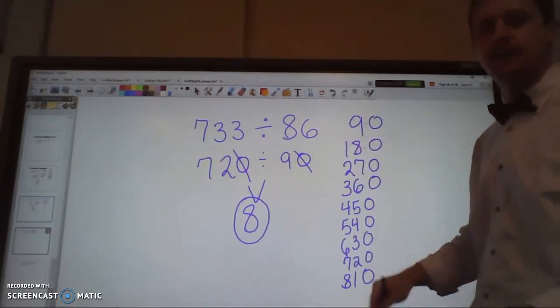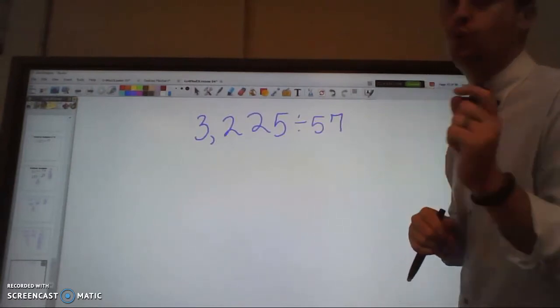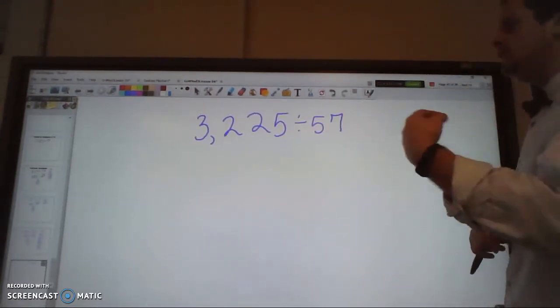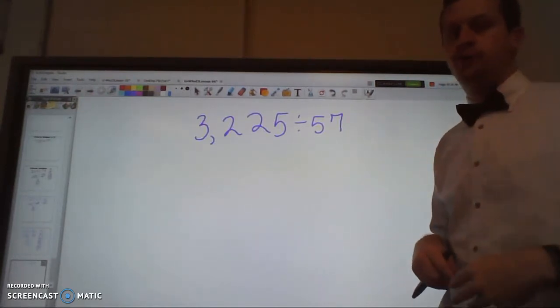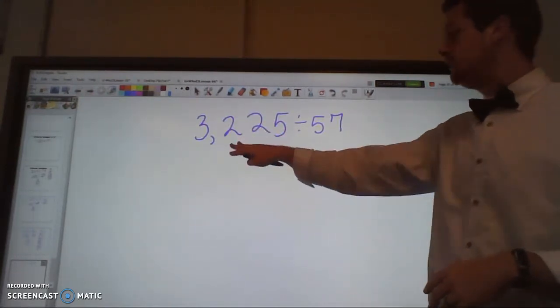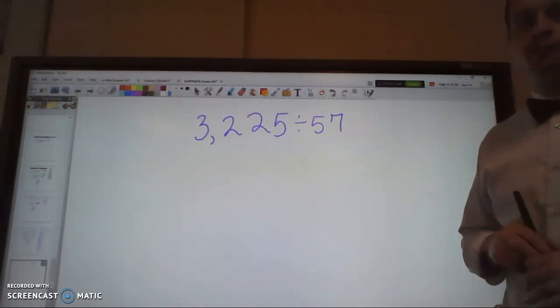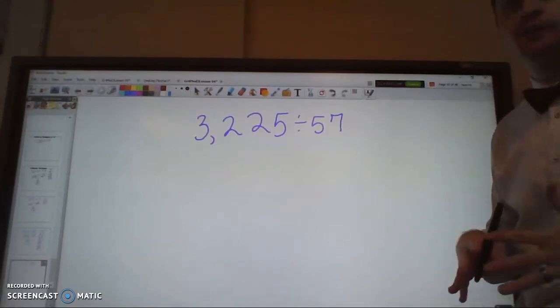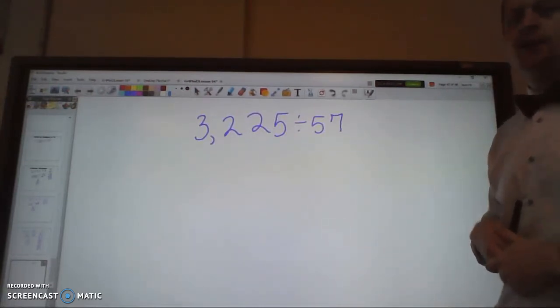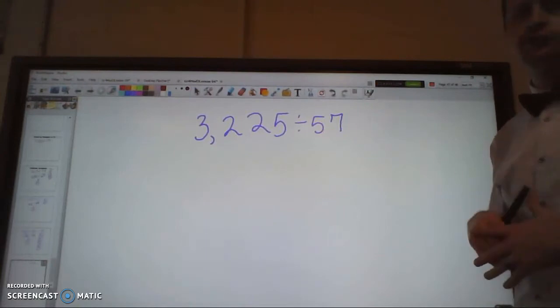Remember, we're estimating today. All right, so what is different about this problem than our last one? Well, we are going to do 3-digit divided by 2-digit numbers, but we're also doing 4-digit divided by 2-digit numbers, okay? It's almost going to be exactly the same. We're just going to do something a little bit different, okay? Now, we're still going to round that divisor first.